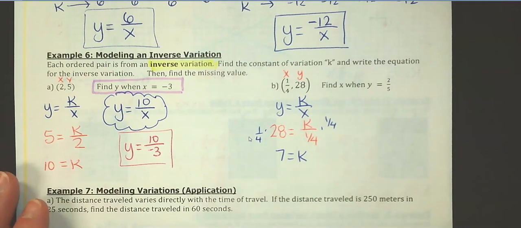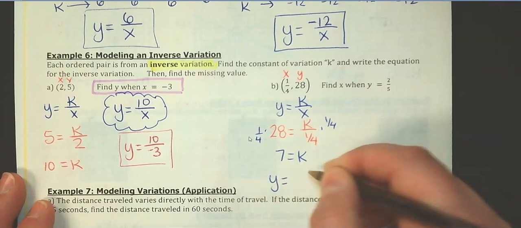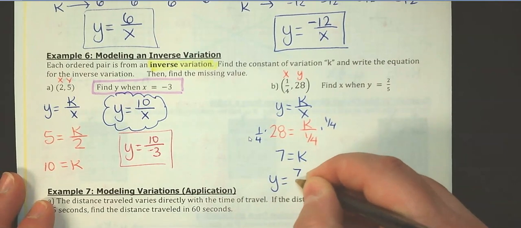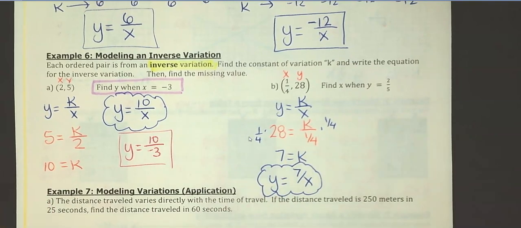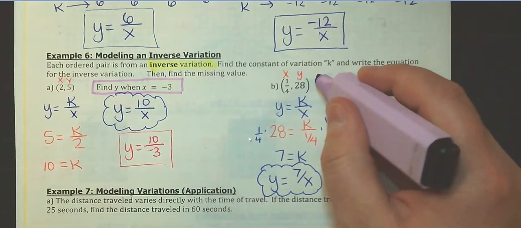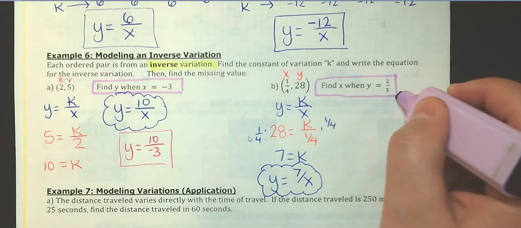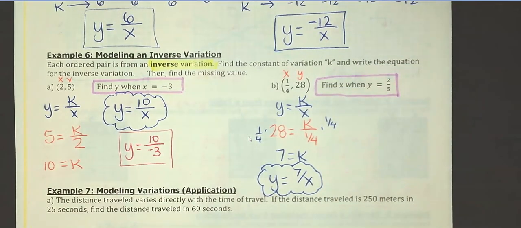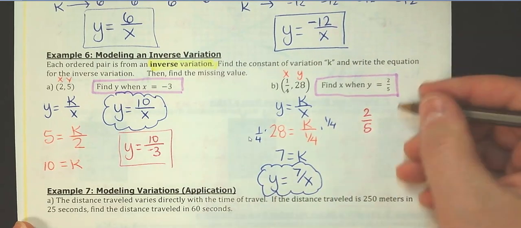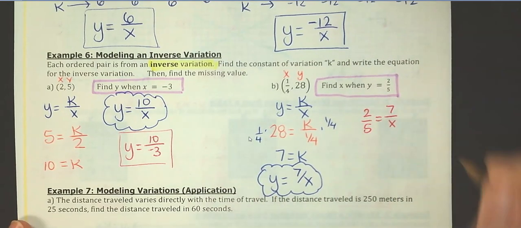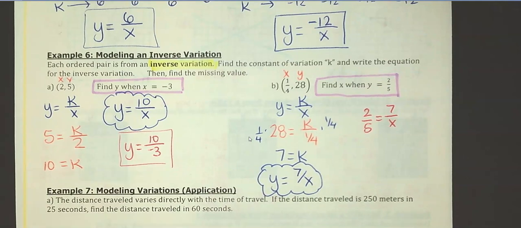All right, so my general equation then is y equals my k value, which now we know is 7, over x. So there's my equation. All right, now, make sure you plug the number they give you in for the correct variable. So this one says find x if y is 2/5. So 2/5 would go in for the y equals 7 over x. This one, the way this is set up, I would just do a quick proportion to get this.